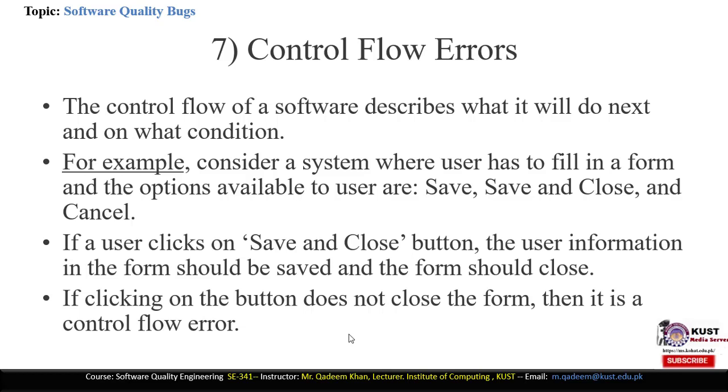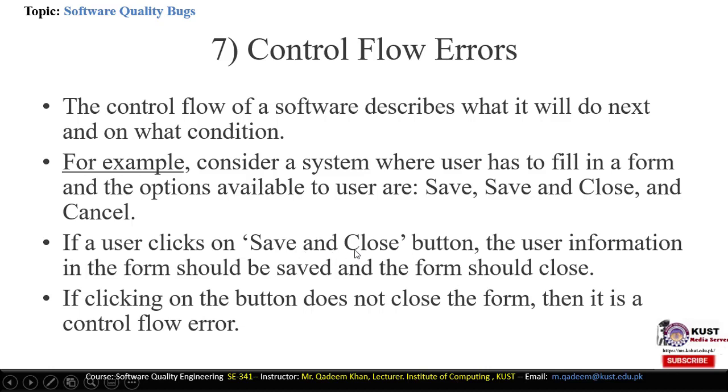For example, if we have a system where a user has to fill in a form, with options available such as save and close, or cancel. So you can see that there are multiple functions: save and close, and just cancel. If a user clicks on the save and close button, the user information in the form should be saved and then the form should be closed.